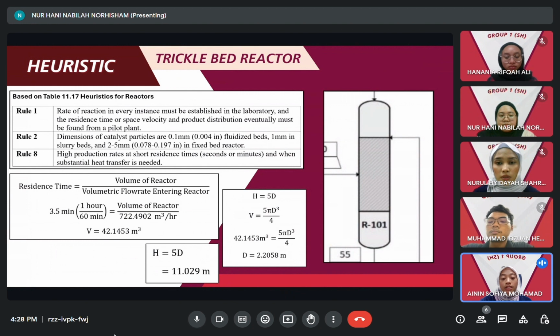We use the formula of volume and substitute back the volume calculated earlier, and we determine the diameter to be 2.2058 meter. Afterwards, we substitute that diameter into 5 times the diameter, and we get the height of the reactor to be 11.029 meter.